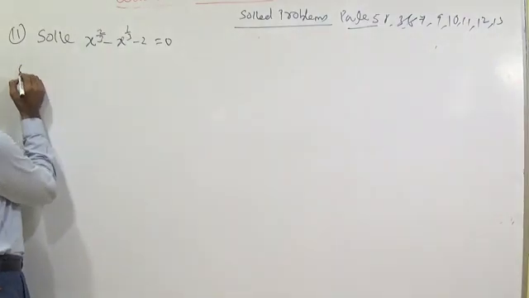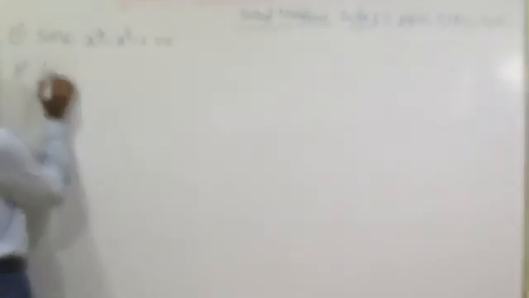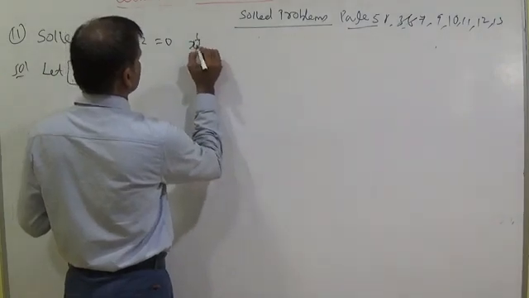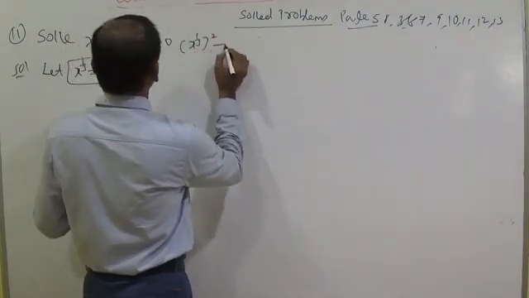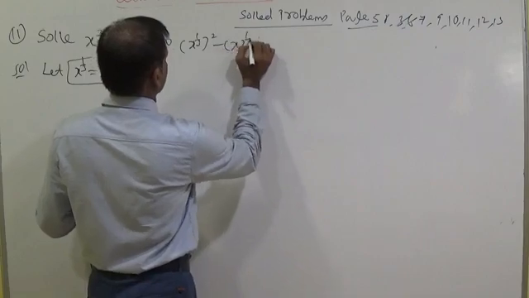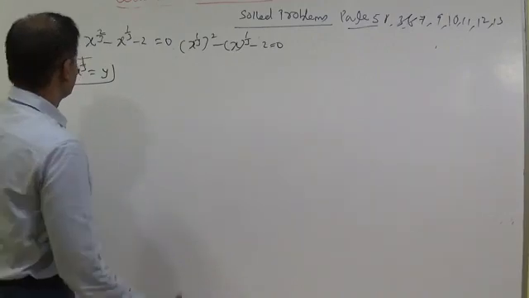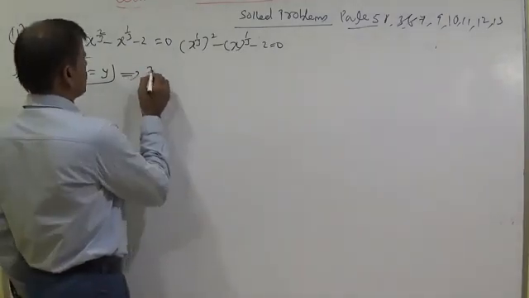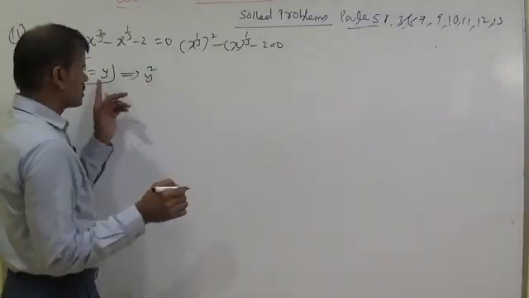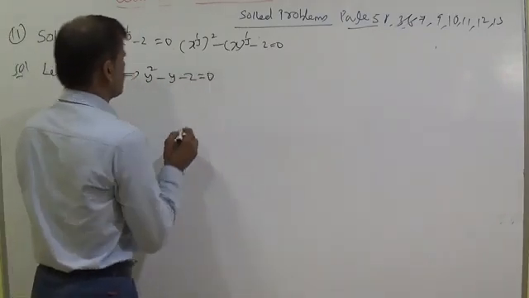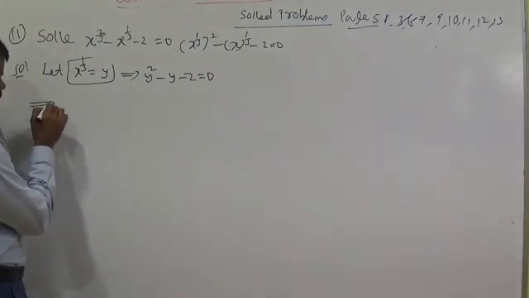So here you can write, put or let x power 1 by 3 is equal to y. This question you can understand as x power 1 by 3 whole square minus x power 1 by 3 minus 2 equal to 0. Whenever x power 1 by 3 we thought y, it becomes y square minus y minus 2 equal to 0.